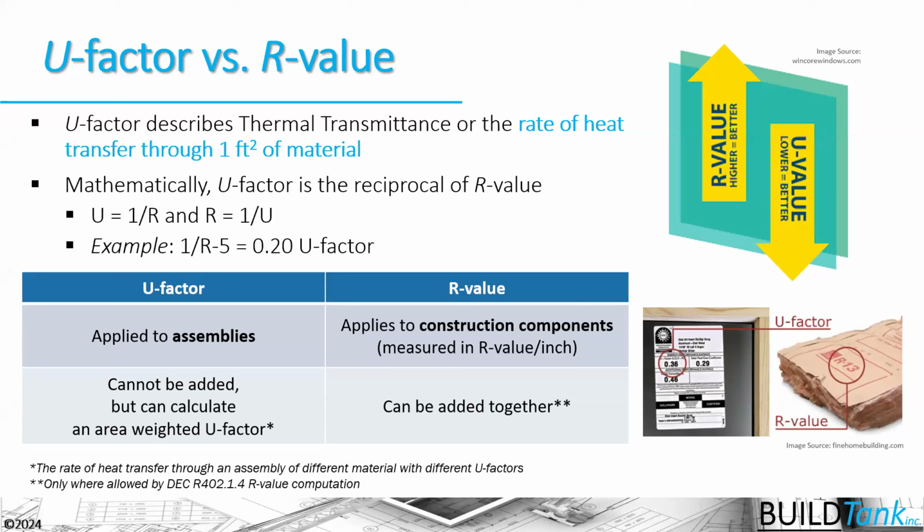So the cavity itself would be described by the U factors of our interior drywall to our exterior sheathing and everything that's going into that assembly to create the resistance to the flow of conduction from inside to outside or outside to inside. And the R value is just describing one component.